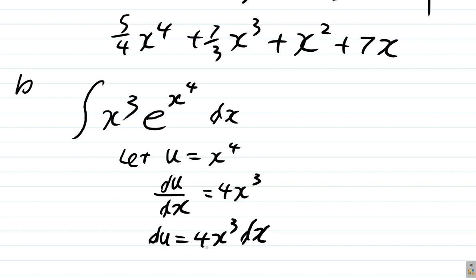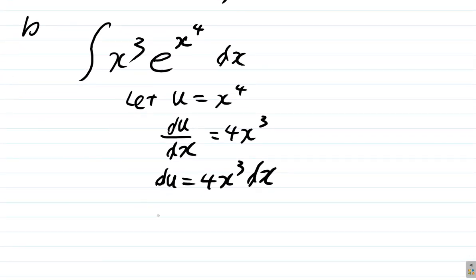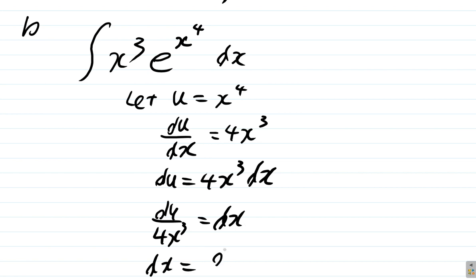And let us now make dx the subject by dividing both sides by 4x cubed. What you would get is du over 4x cubed equals dx. Let's switch it around and say dx is equal to du over 4x cubed.